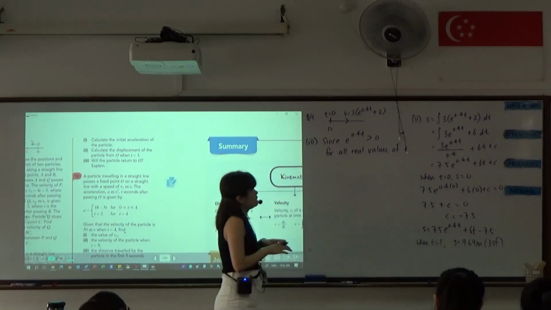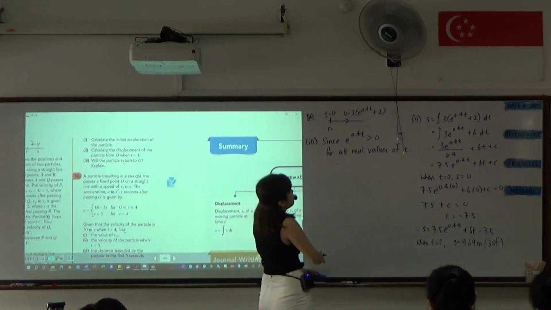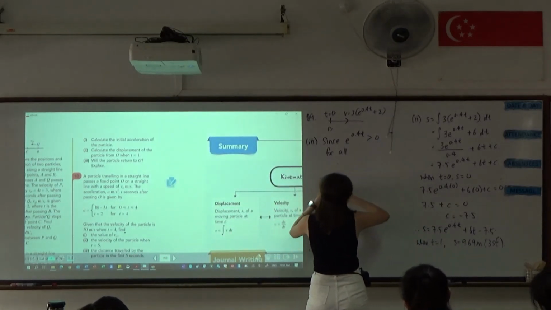In fact, since t cannot be negative, you can say for all t more than 0.